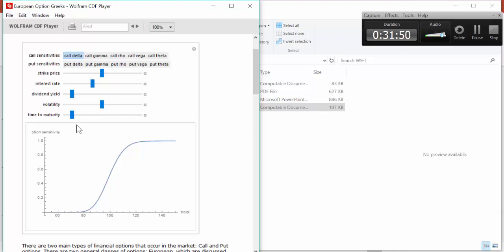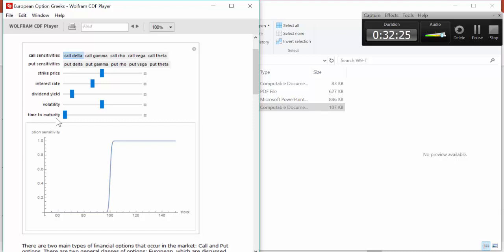And not only that, the really cool thing is you can start playing around with, for example, the time to maturity. When the time to maturity is longer, this curve will change shape. When time to maturity is very, very short, I think the shortest is like 1 week, you can see that it's almost like a step function.